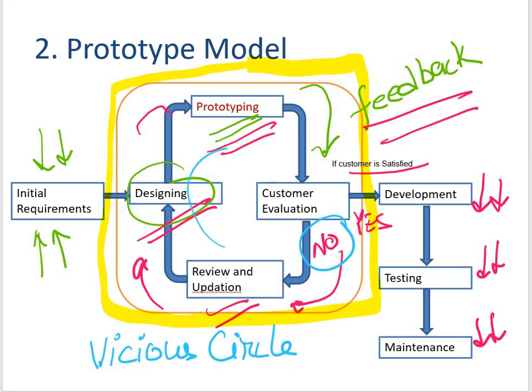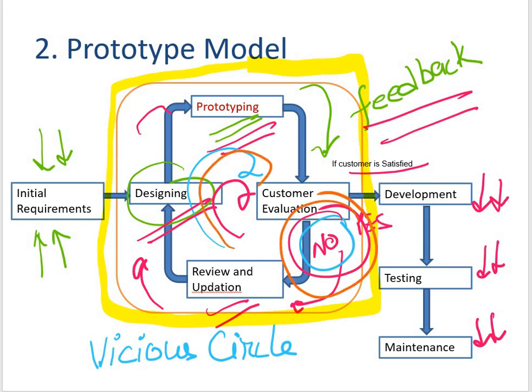Once again I'll go ahead with this, and once again they will say no. So it's like I'll enter into a vicious circle of coming up with a prototype, seeking a feedback, and then once again entering into the same circle, repeating the same efforts again and again.